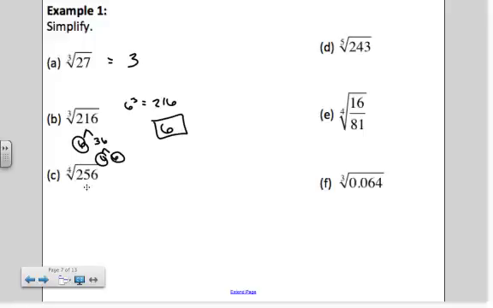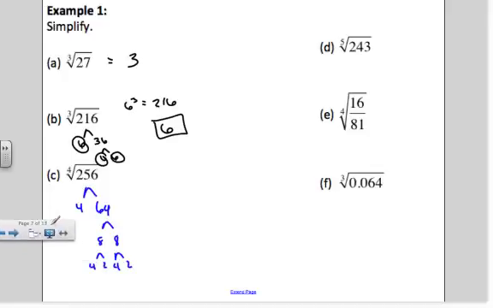All right, the fourth root of 256. Well, I know I can take out at least a 4. 256 divided by 4 is 64, and that is 8 times 8, which is 4 times 2 and 4 times 2.